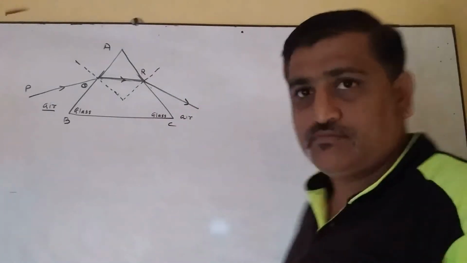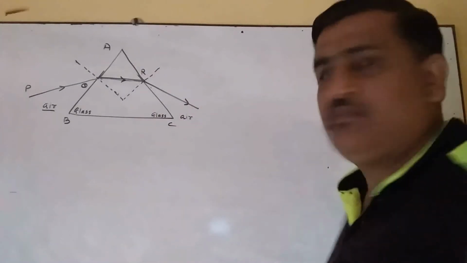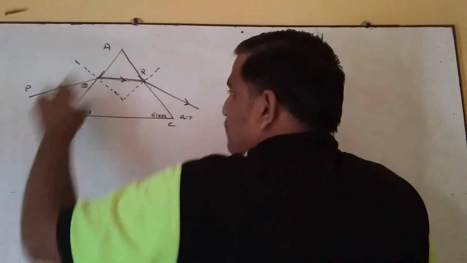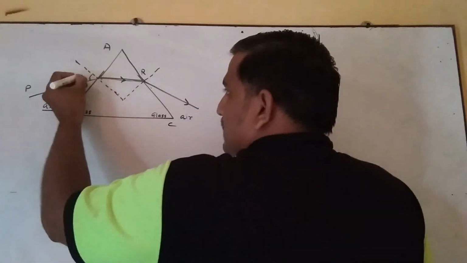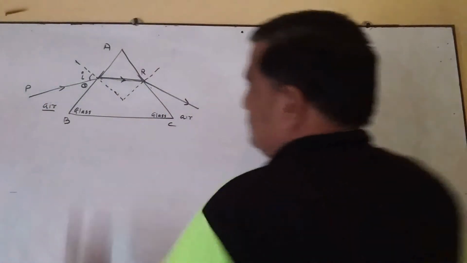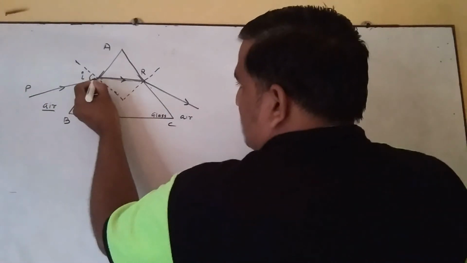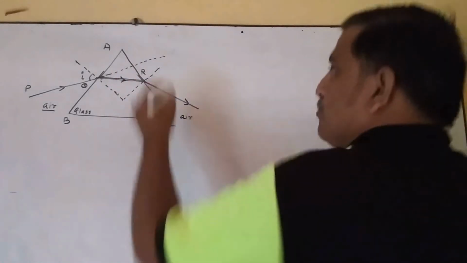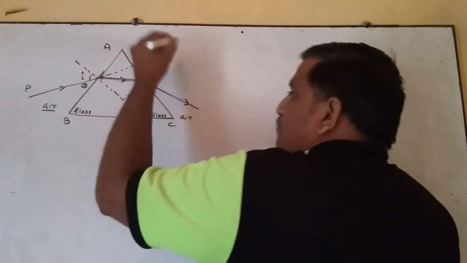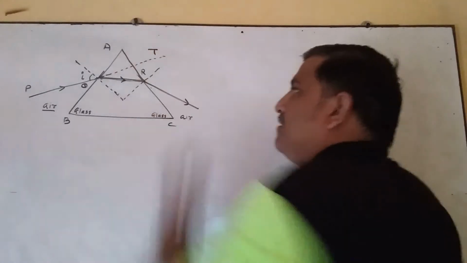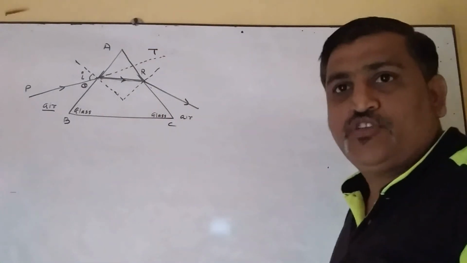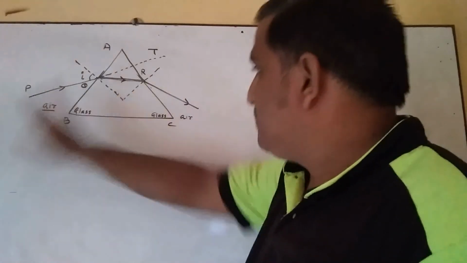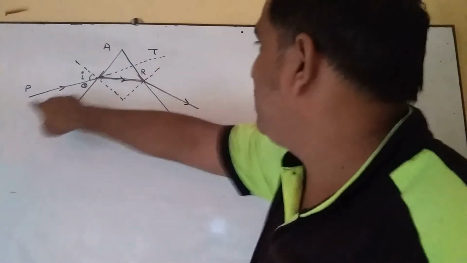We find the actual path of the incident ray PQ, which is incident at the face AB of the prism, changes. If the prism were not there, it would pass through the path PQT.